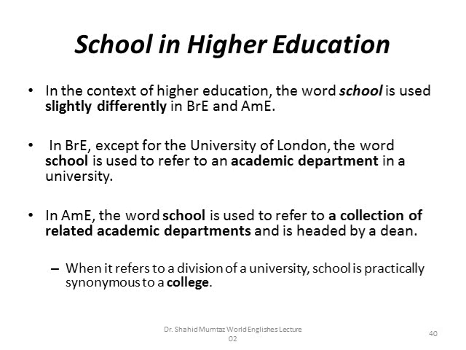In American English, the word school is used to refer to a collection of related academic departments. So here, school refers to a collection of departments and is headed by a dean.